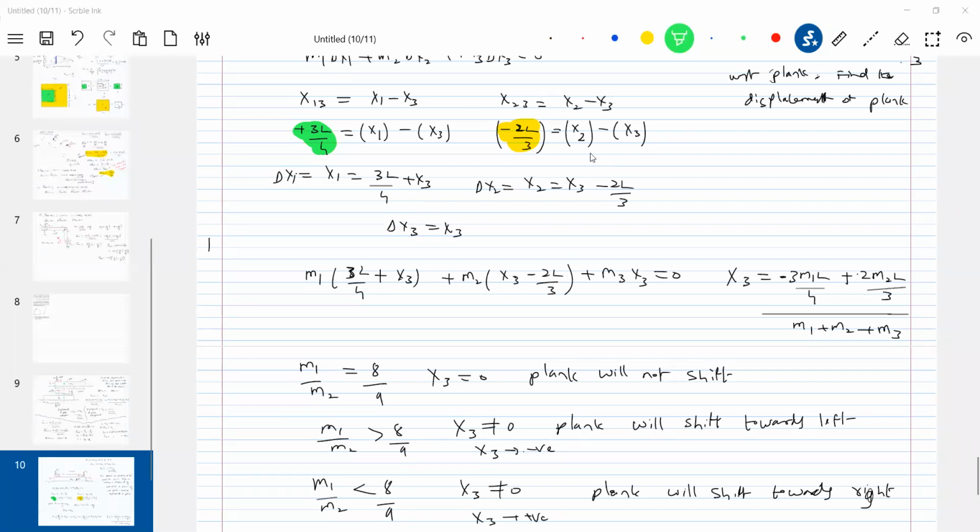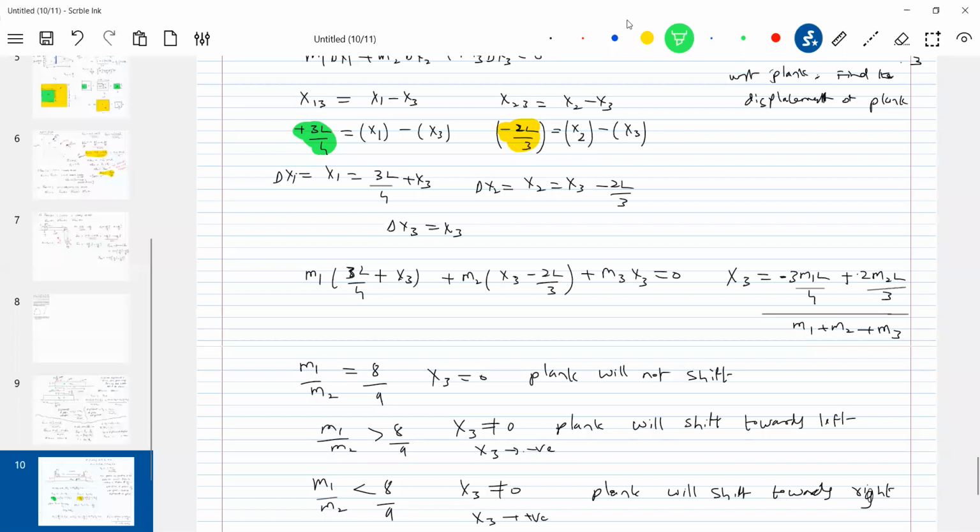Initial velocities, if they're running, you can't apply this. If they're running with a velocity, then the Planck will have a velocity, and from the velocity of Planck, you should calculate the displacement. Another method will be there. Now we are taking a situation where initially they are at rest and they walk slowly on the Planck.